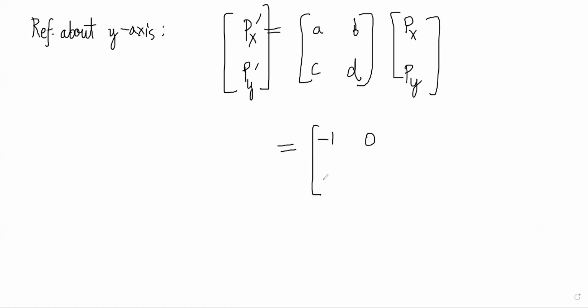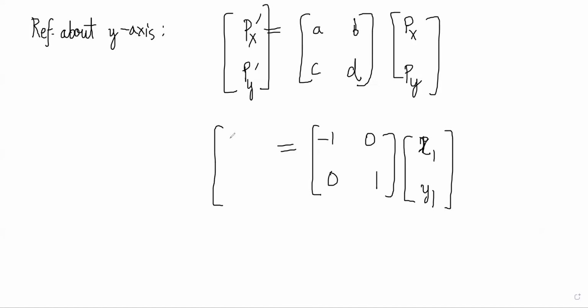No, it will be minus 1 0 0 1. Why are you doing 1 0 0 1? If you are reflecting about the y-axis, the x coordinate gets negative and the y coordinate remains the same. Why are you getting the wrong matrix?